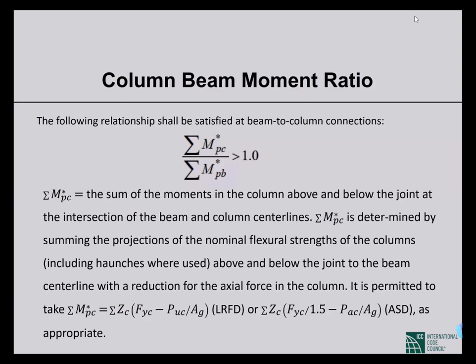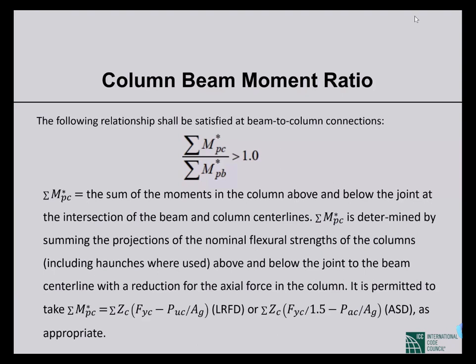So it's defined here, M*pc, the sum of the moments in the column above and below the joint at the intersection of the beam and column center lines, and M*pc is determined by summing up the projections of the nominal flexural strengths of the columns, including haunches, where used, above and below the joint to the beam center line, with a reduction for the axial force in the column.